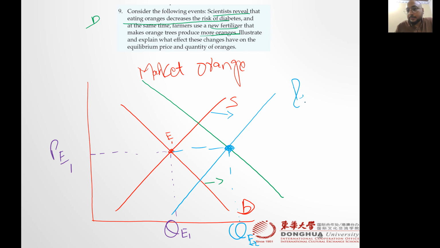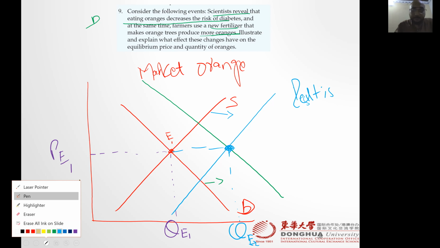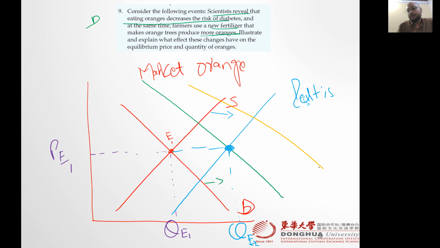our result is, if you draw demand like this, your equilibrium price is going to be increased, but my equilibrium price here is equal to PE2.